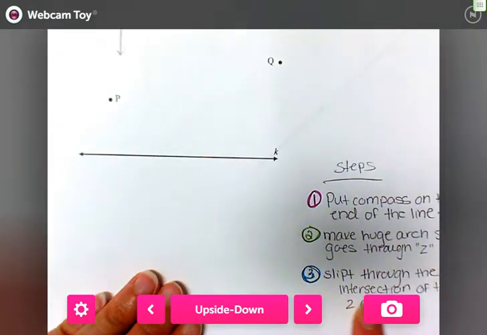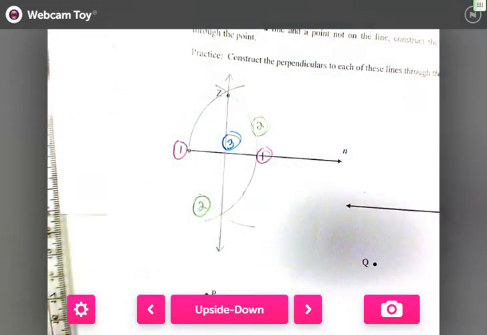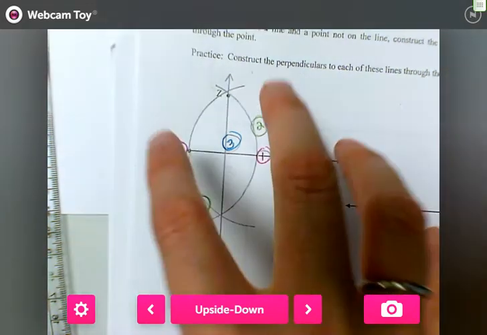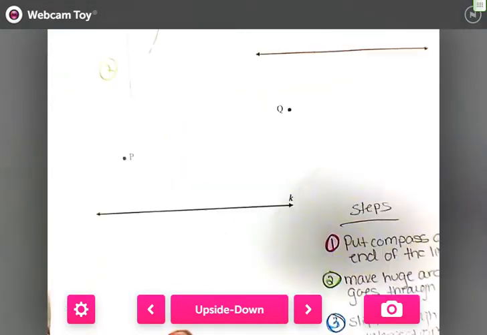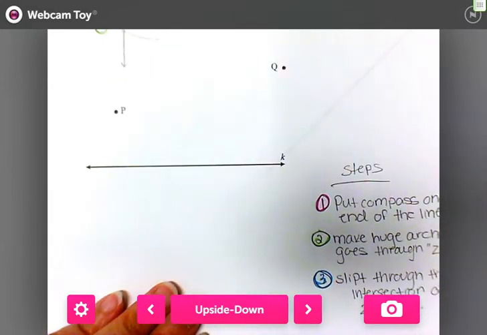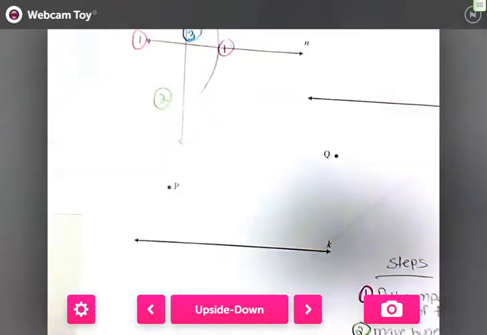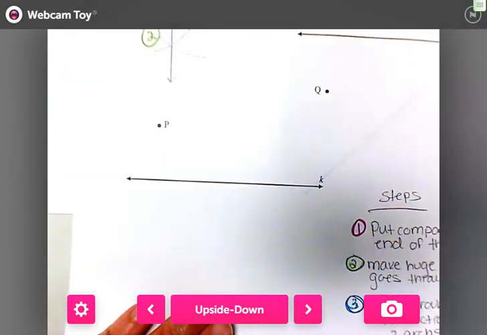Split through the intersection of the arcs. She's got her line. It is clear that the person that made these instructions and has the points there is going to know how to do this again. She's got her steps, and then she's marked her steps in the diagram, and she's color-coded it. Okay?